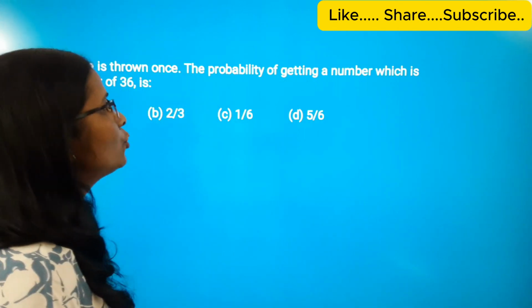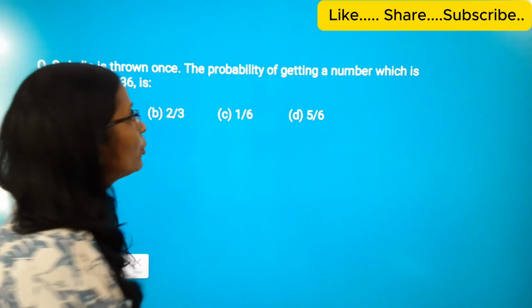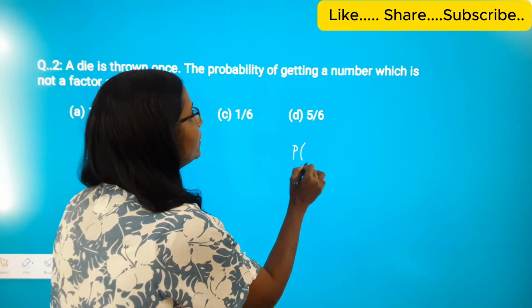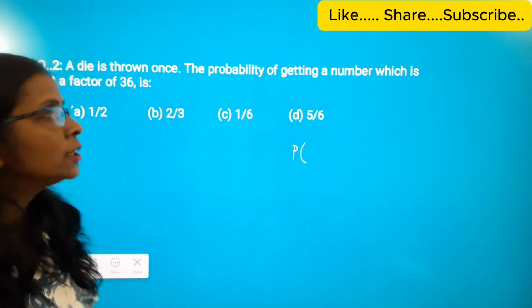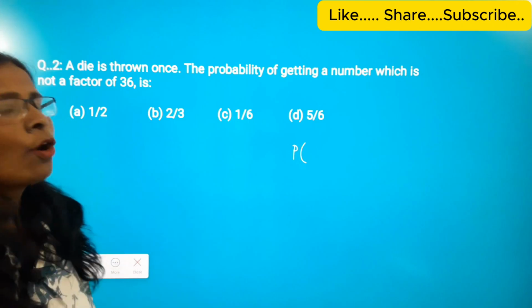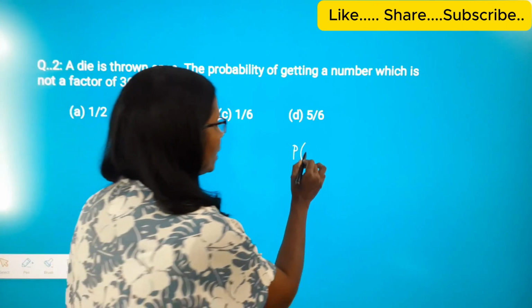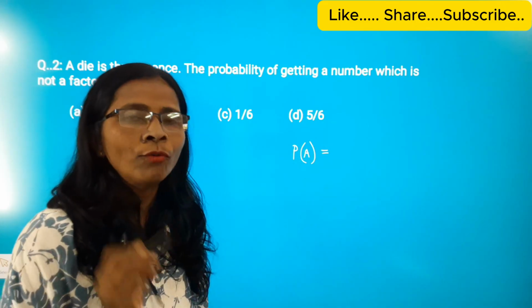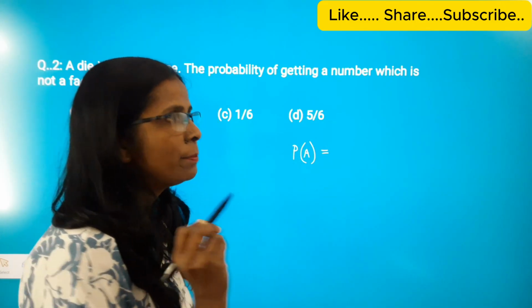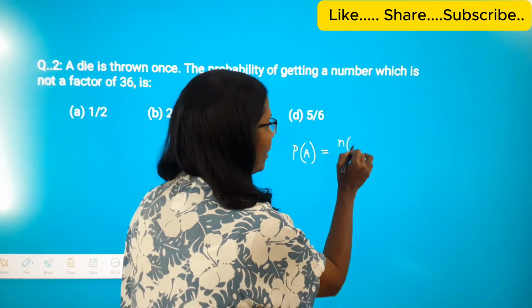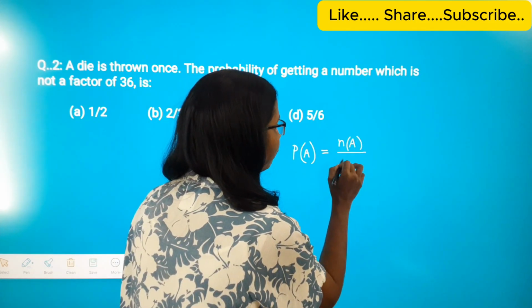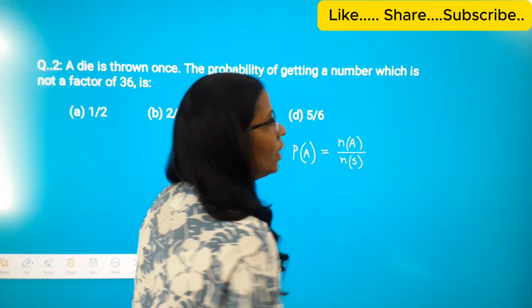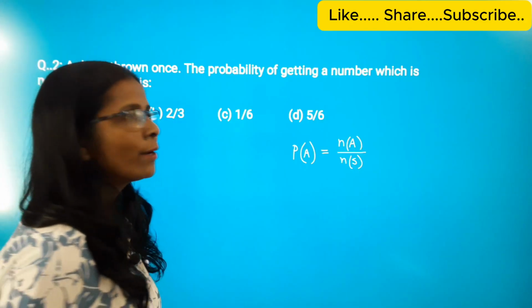So here students, we have to find out the probability of getting a number which is not a factor of 36. So here consider that event A. So the probability of that event A, that means P of A, is equal to n of A upon n of S. So now what is the n of A?